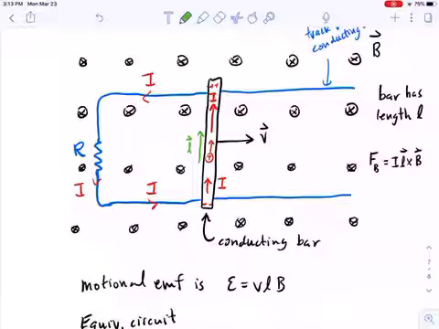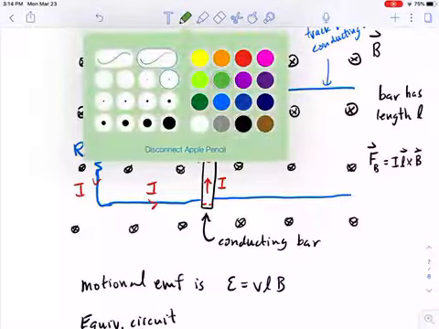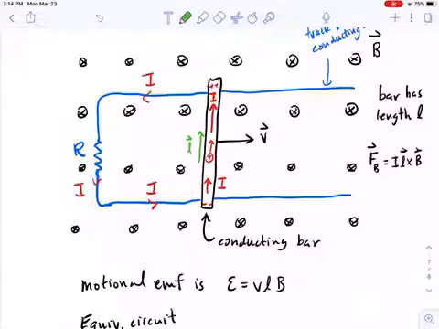So in this case, it's towards the top of the page. If we evaluate L cross B, our right arm goes towards the top of the page, our fingers curl into the screen in the magnetic field direction, and there's a magnetic force, F_B, that points in the direction of our thumb, which is to the left of the screen. And so there is a magnetic force F_B on our current carrying bar.